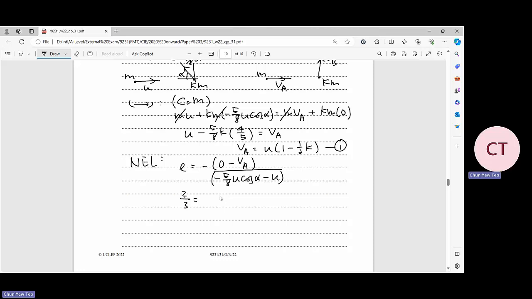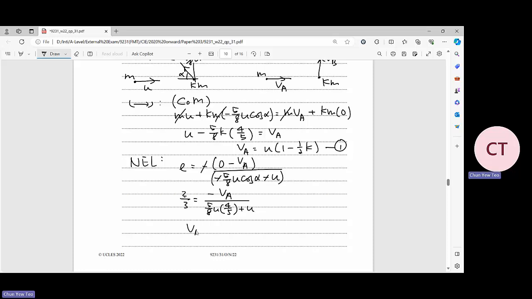Then the negative cancels with the denominator, and I have negative v_A equals 5/8 u cos alpha, which is 4/5 again, plus u.